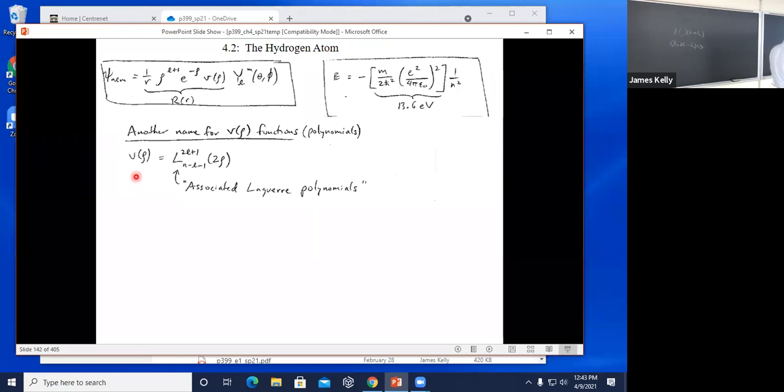So they're actually polynomials, called the associated Laguerre polynomials, and they depend on n and l. It would be nice if you had n as the subscript and l as the superscript, but someone in mathematical physics made up the subscripts and superscripts before we knew about quantum mechanics, and so the n and l we define are related to the superscript and subscript this way. But you don't really need to know these. That's not something that you're ever going to have to decode. That's just the conventional way to express the superscript and subscript in terms of n and l.